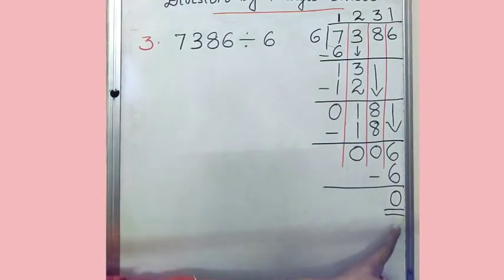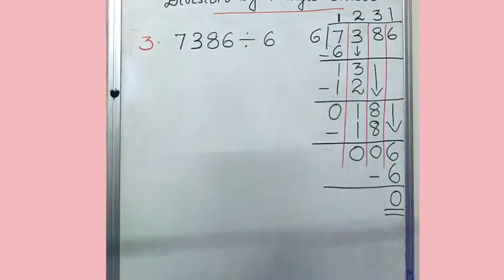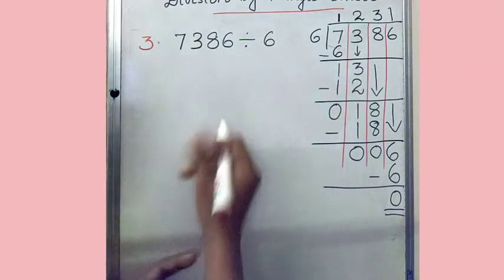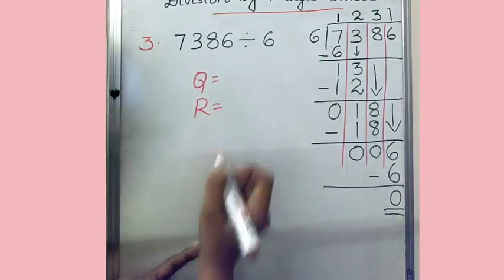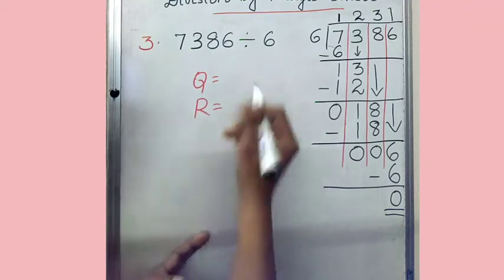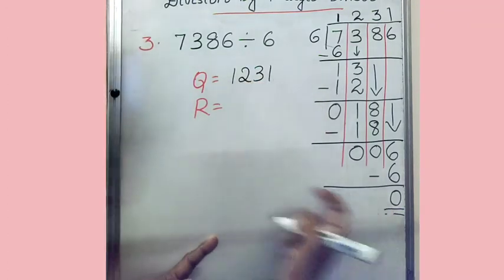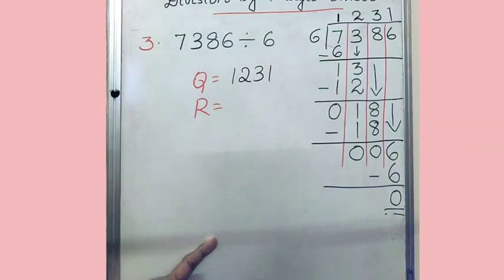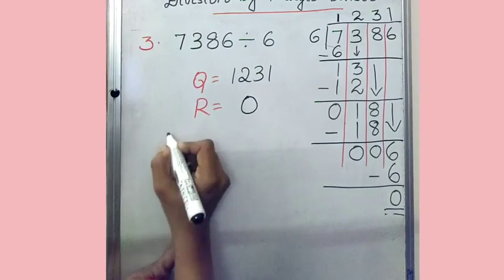So, remainder is 0 and quotient is 1231. Quotient equal to 1231. Remainder, what is the remainder? Remainder equal to 0. Now we can check the answer.